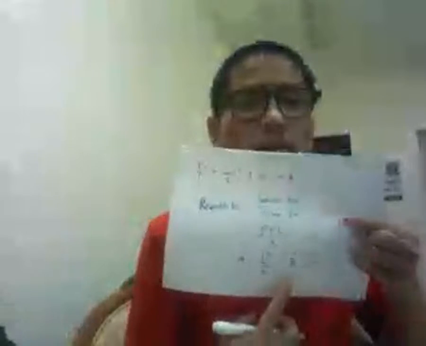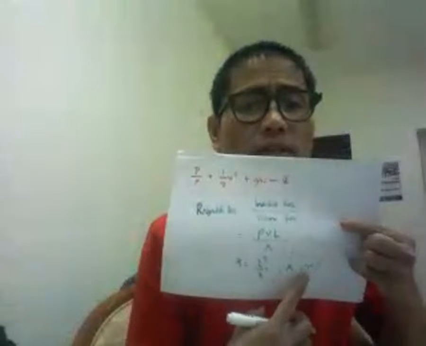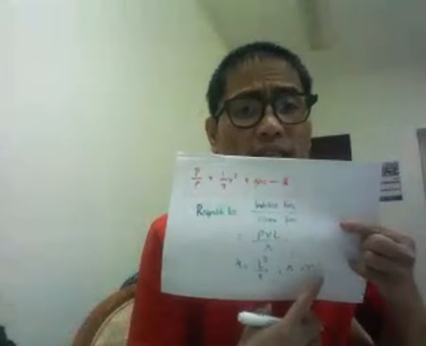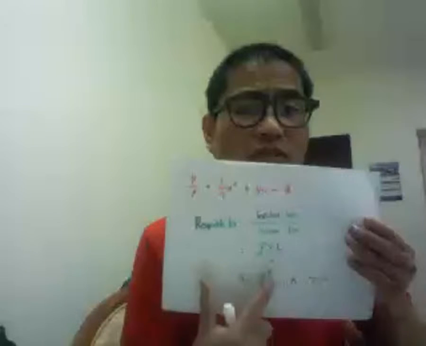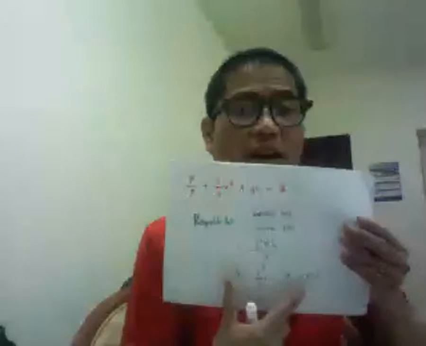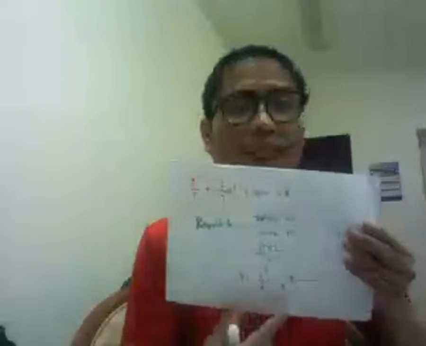So either you use this Reynolds number equation here, or this one. So a Reynolds number less than 2100 is laminar flow, above 2100 is turbulent flow.